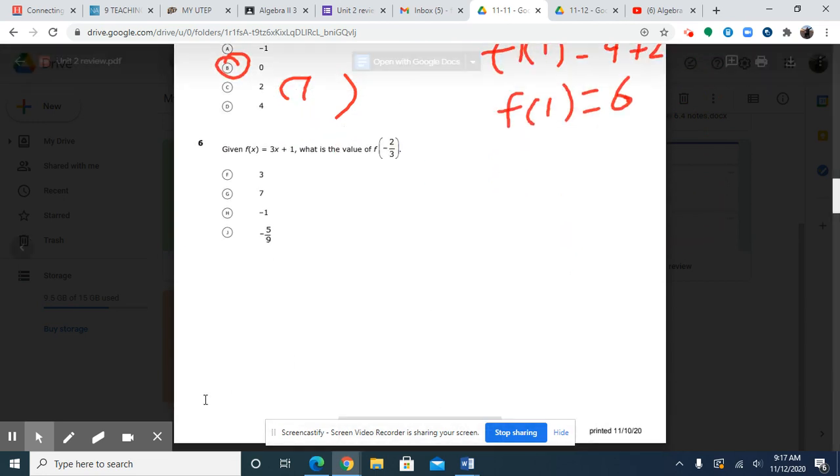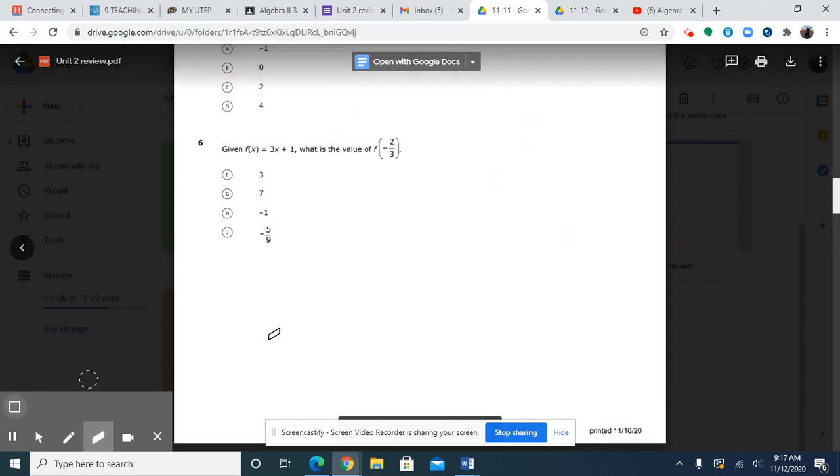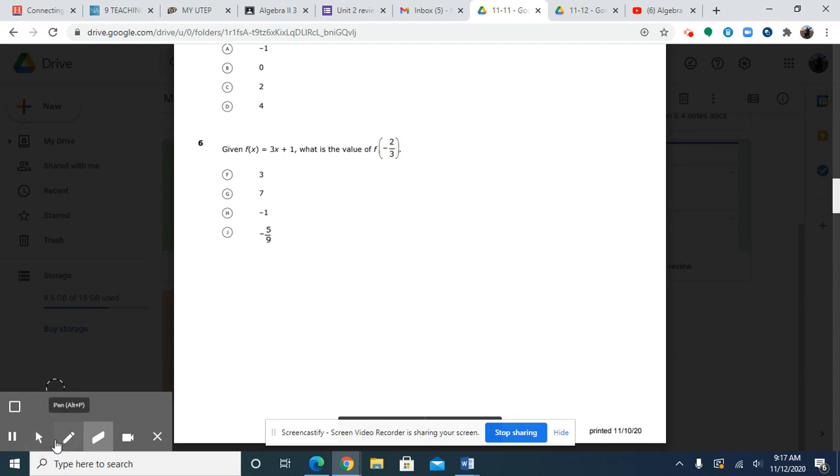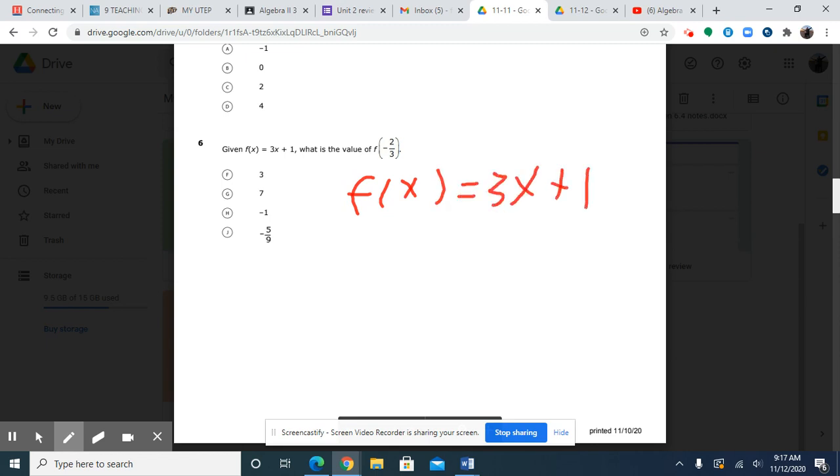So let's give it a try with some of the other problems here. Let's say we had f of x is equal to 3x plus 1. Now, we wanted to find out what f of negative 2 over 3 is equal to. So what we're going to do is we're going to replace every x value with negative 2 over 3.